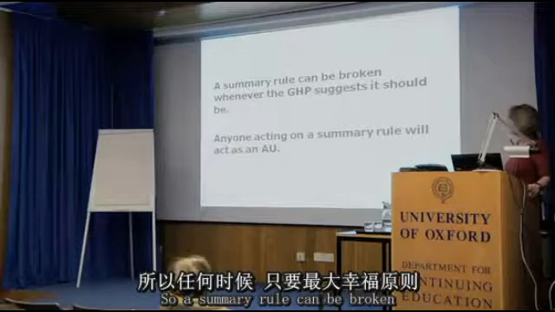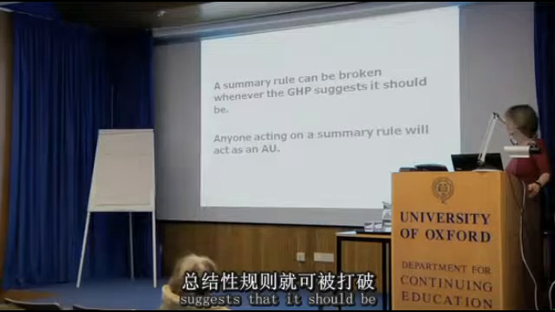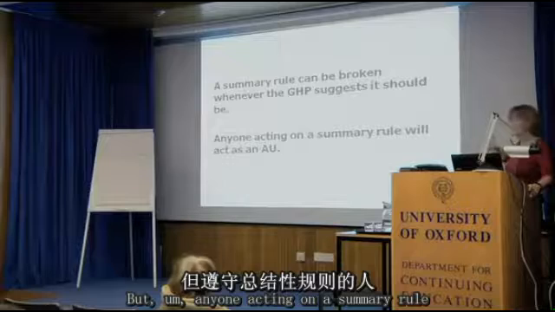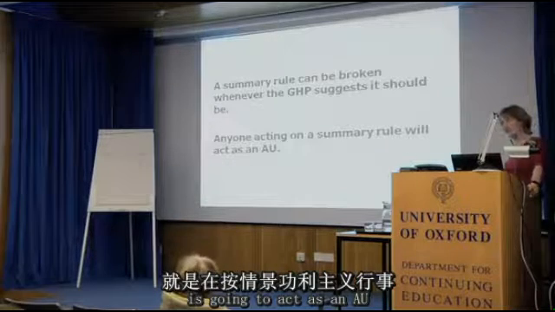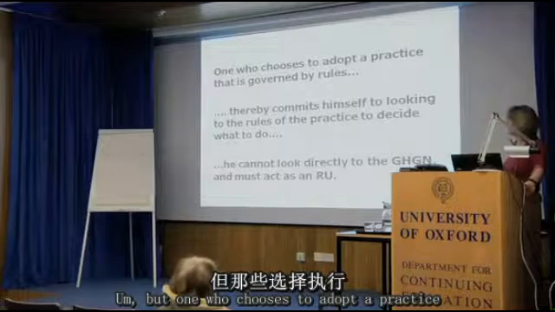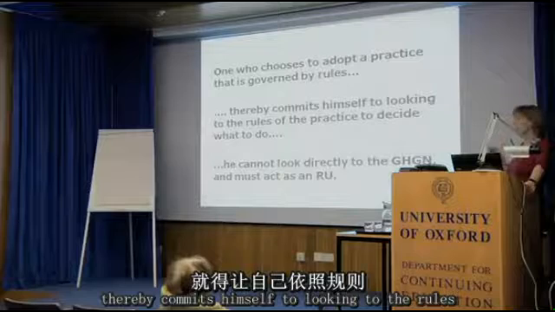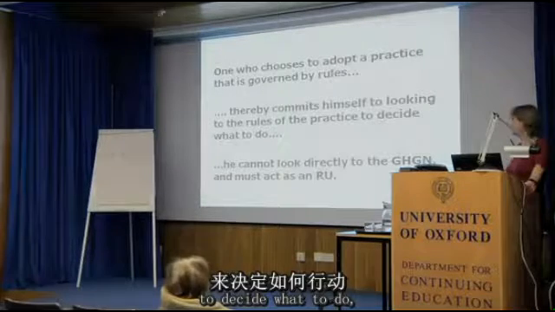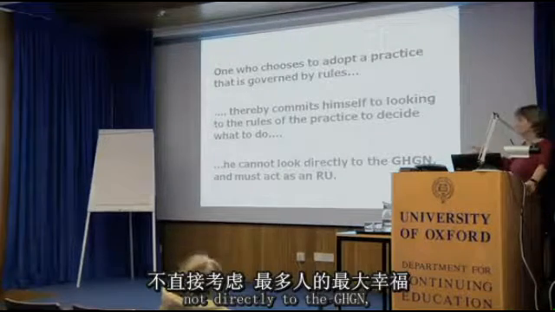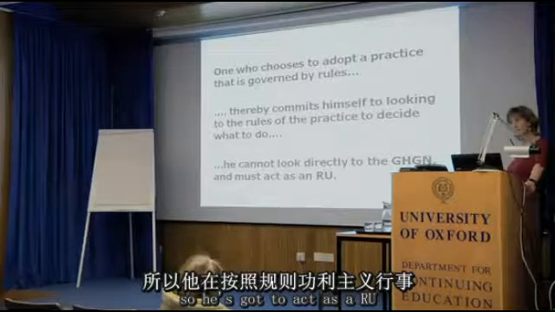So a summary rule can be broken whenever the greatest happiness principle suggests that it should be, but anyone acting on a summary rule is going to be acting as an act utilitarian. But one who chooses to adopt a practice that's governed by rules thereby commits himself to looking to the rules to decide what to do, not directly to the greatest happiness of the greatest number, so he's got to act as a rule utilitarian.